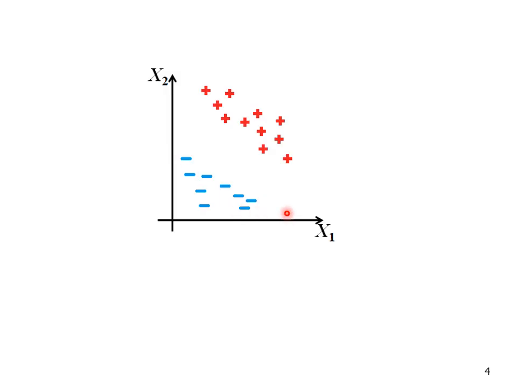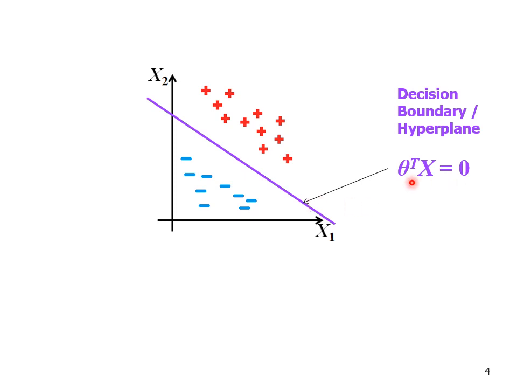Now, for a different type of intuition, let us consider the figure that is shown on this slide. Here we are having positive and negative training examples and a decision boundary. This decision boundary is of the form theta transpose x equal to 0, and it is also called the separating hyperplane.